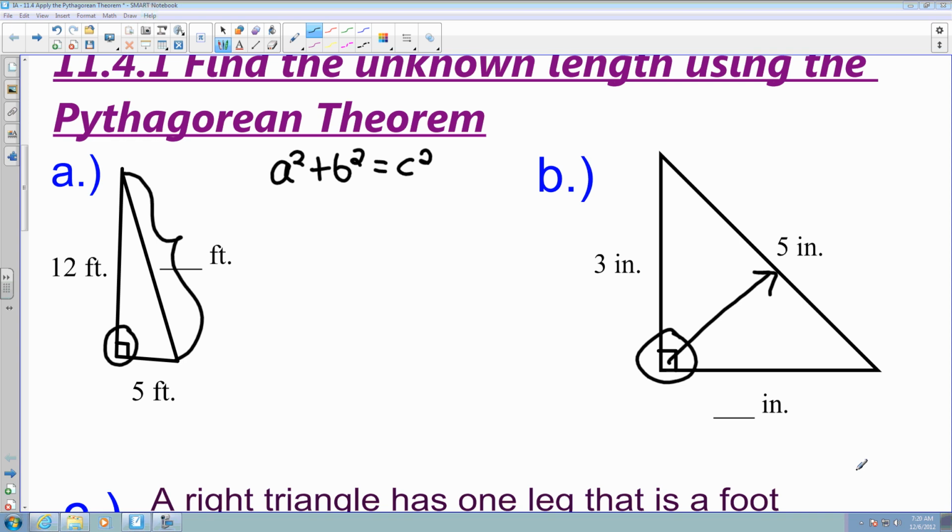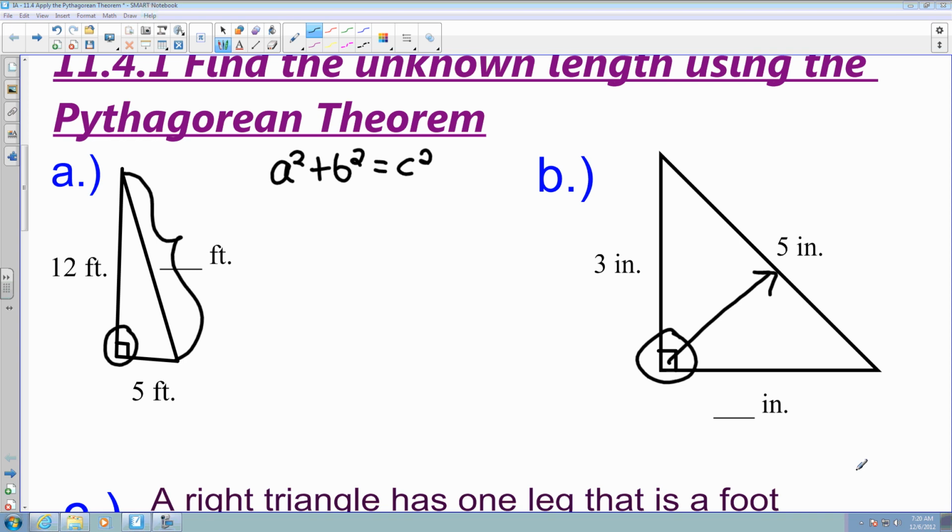Now, it doesn't really matter which leg you choose as A or B. I guess usually the smallest leg is represented as A squared, and then the larger leg is represented as B squared, and then the hypotenuse is always C squared.